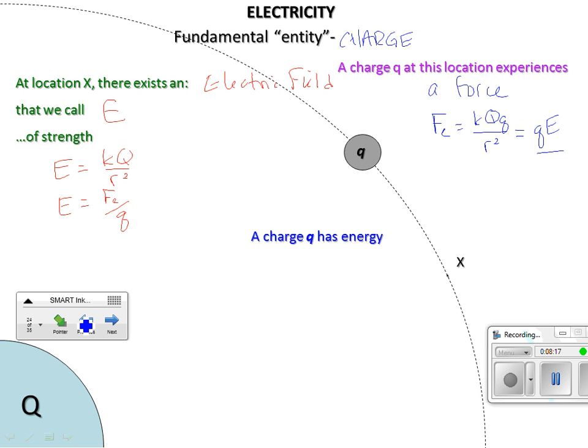So charges have what we call electric potential energy. Now for whatever reason we call it U. I know it looks like internal energy, right? But it's not.